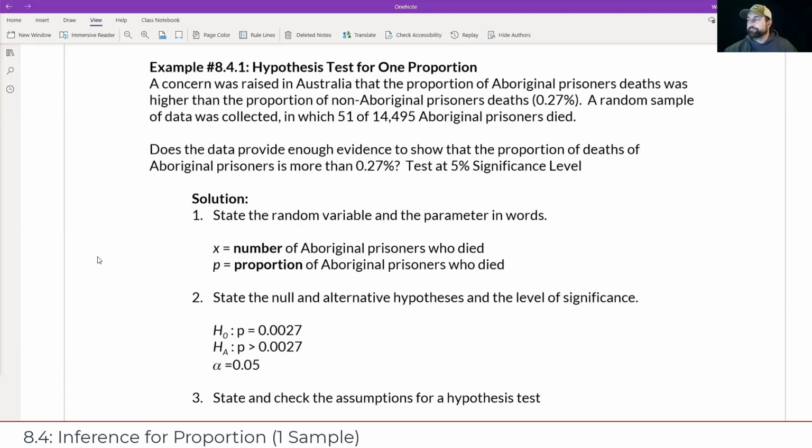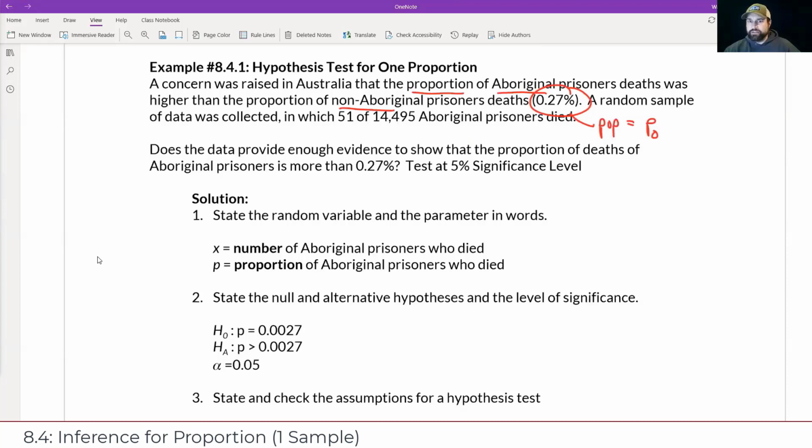So in this example problem, there was a concern raised that the proportion of Aboriginal prisoner deaths was higher than the proportion of non-Aboriginal prisoner deaths. And so this number here, this is our population. That's our population proportion. That is P sub 0, okay? And the claim is that there's no difference, right?